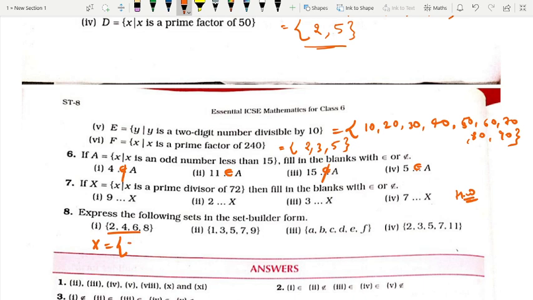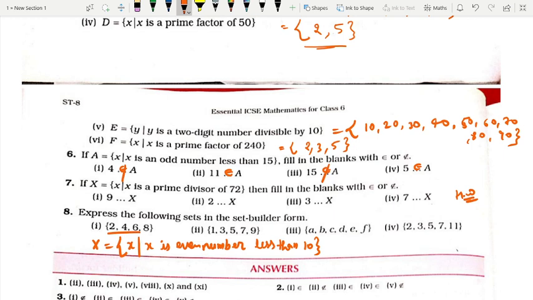Okay, so we can write down here x. For all the questions you can write the same x. X is an even number. What is x? X is an even number less than 10. Okay, less than 10. Is it clear?